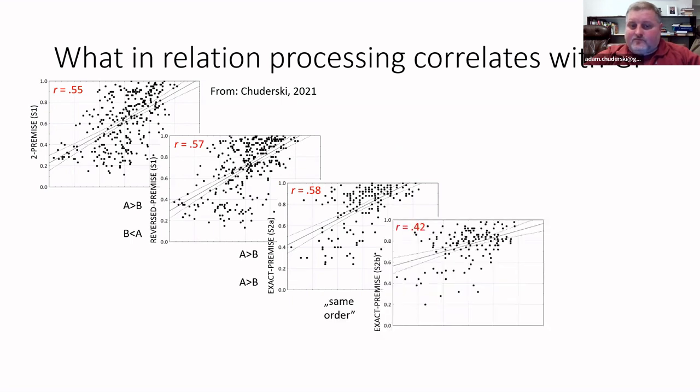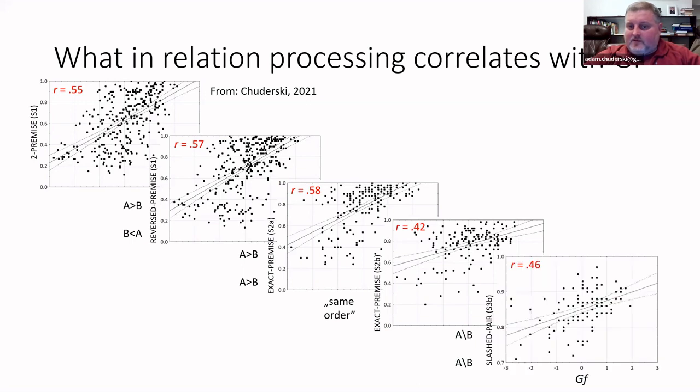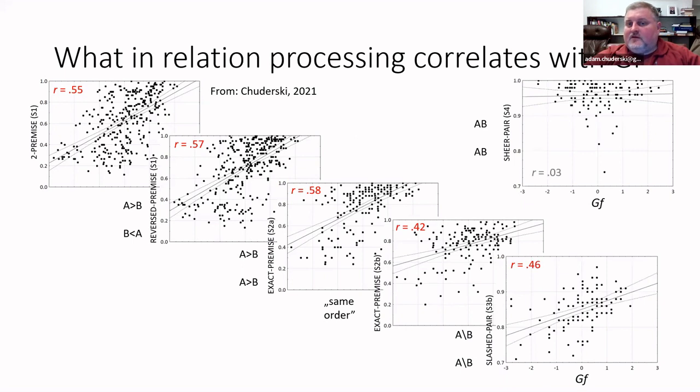When we simplified the instruction, okay, the correlation dropped a little bit, but even in the slash pair variant of the task, the correlation was quite substantial. Only in the task that required comparing just the pair of letters, the correlation disappeared.